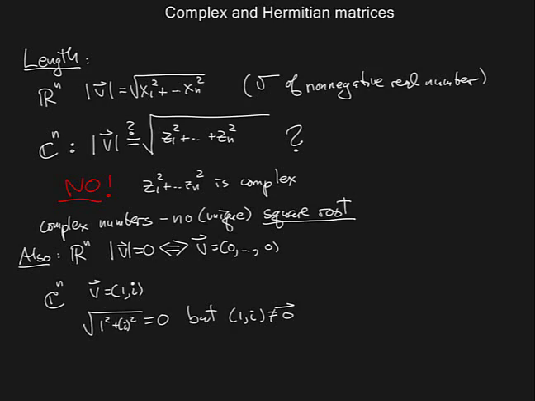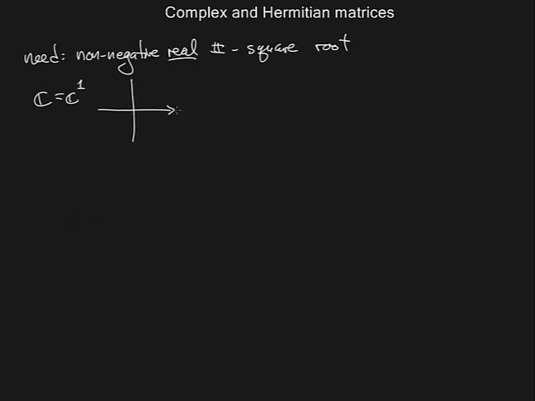So that's obviously not the right thing to do, but it's kind of clear what you should do. We need to somehow get a non-negative real number so we can take its square root. The natural thing to do, well, let's see, in C1, what did we do?